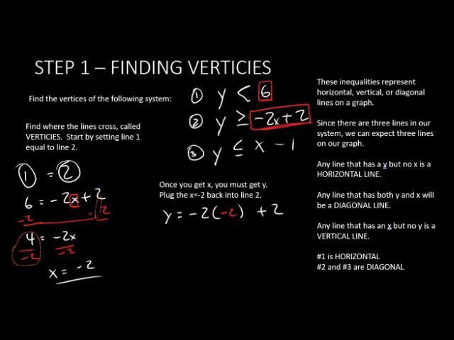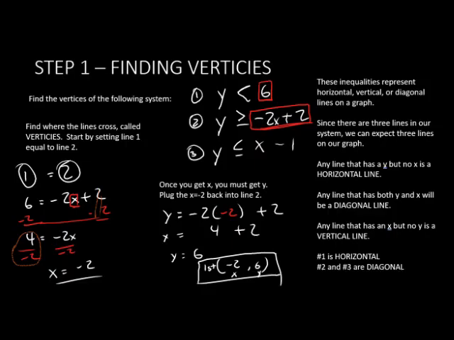If we do the arithmetic, we'll multiply negative 2 times negative 2 to get positive 4. Then we'll add our 2, and that's going to give us 6. Therefore, our first vertex will be negative 2, 6, writing x and then y. So this is the vertex we found by setting line 1 equal to line 2.